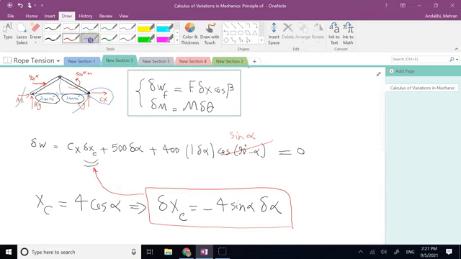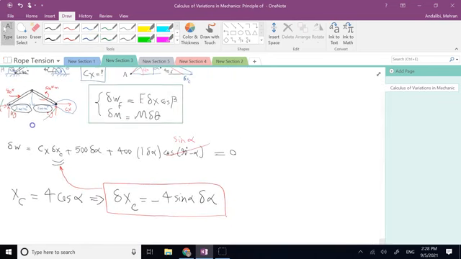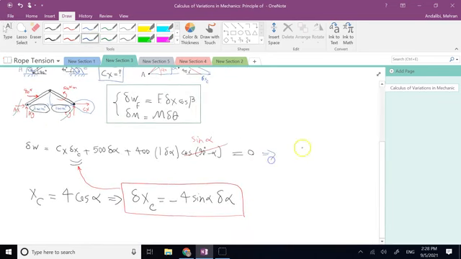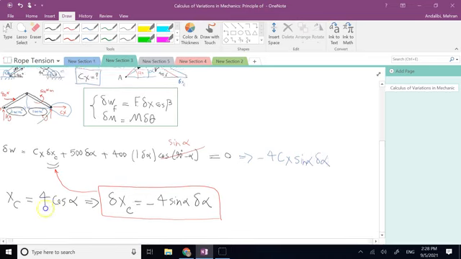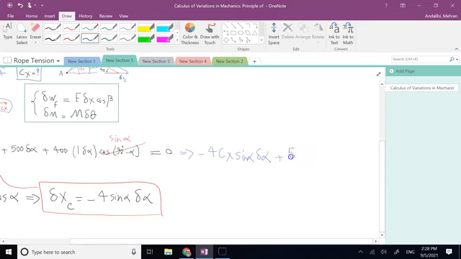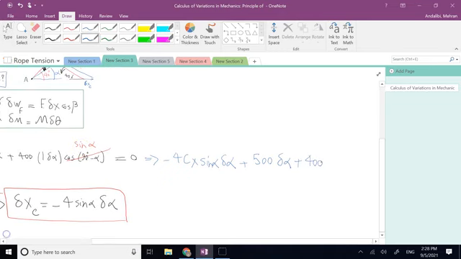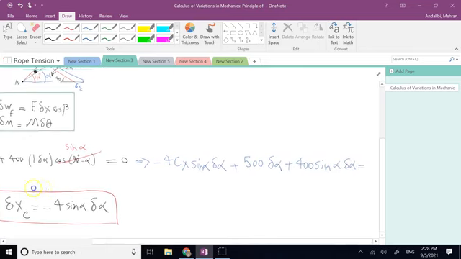If I do everything here, what do I get? I get negative 4 times Cx times sine alpha del alpha, plus 500 del alpha, plus 400 times sine alpha del alpha, is equal to 0.